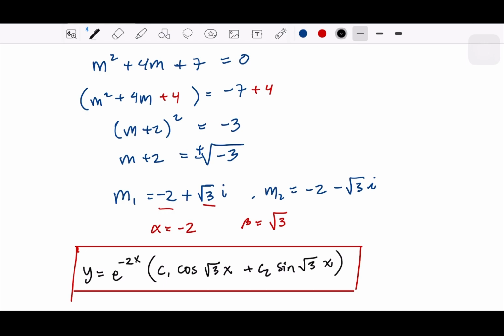And of course, the questions can also be elaborated to find the constants.